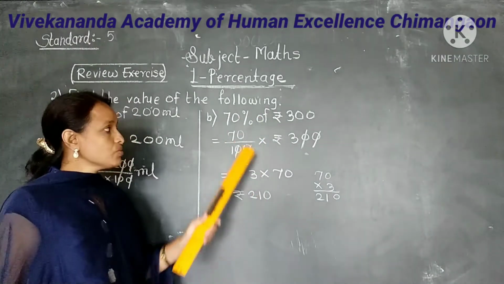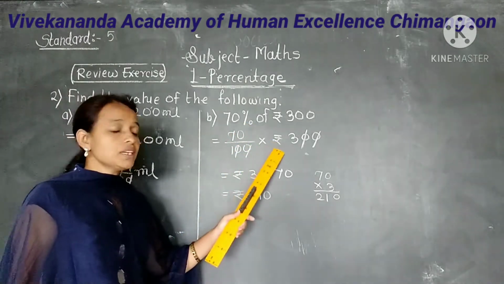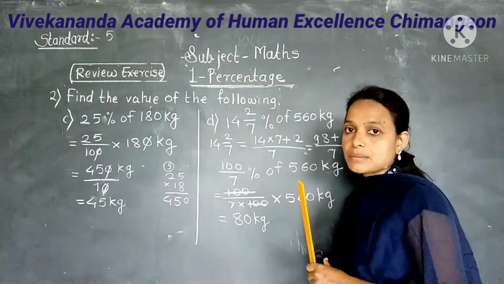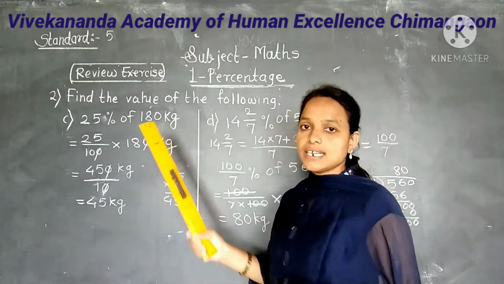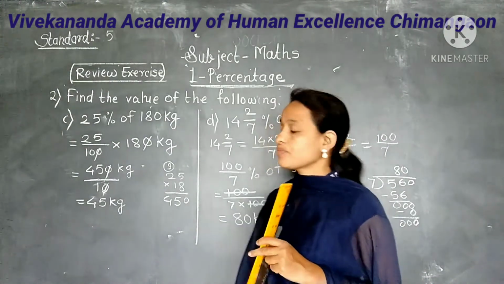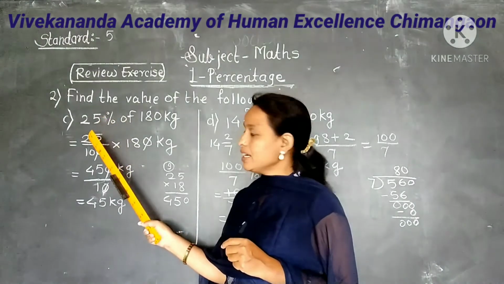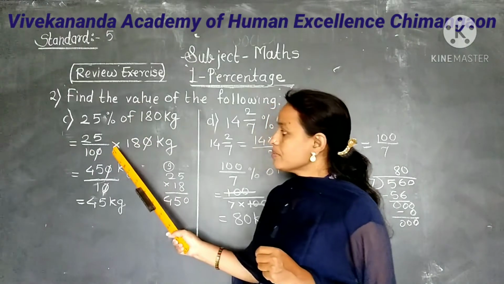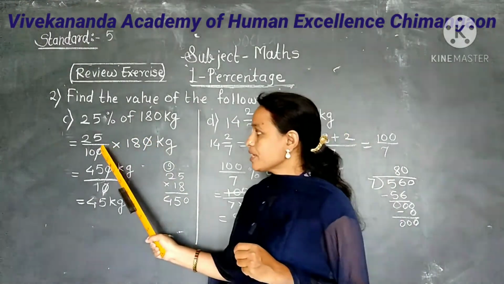So first we convert example C, 25% of 180 kg. So first we convert percentage as a fraction. So 25%, we remove percent sign and divide 25 by 100. We get it as 25 upon 100, of multiplication sign 180 kg. Here 0 gets cancelled.